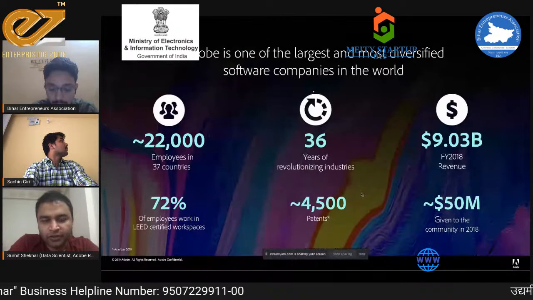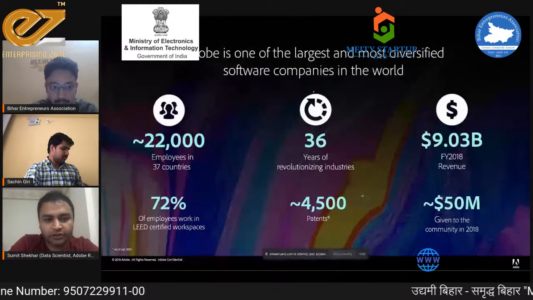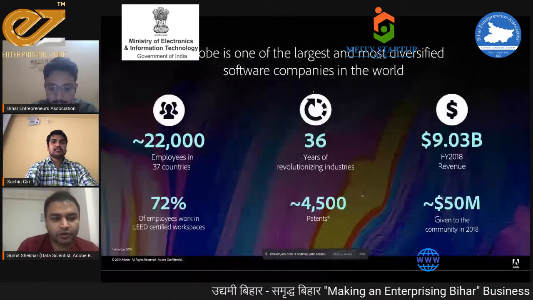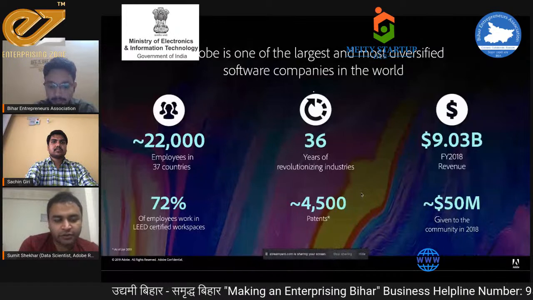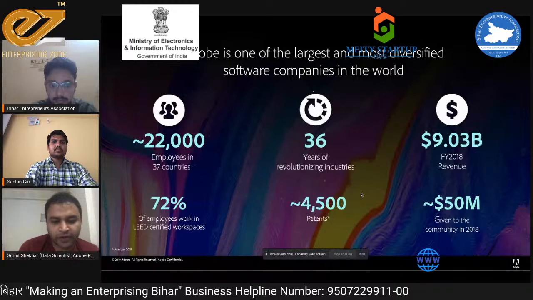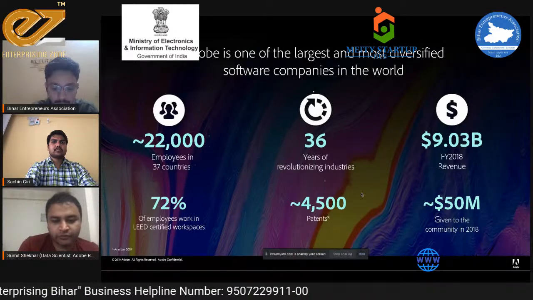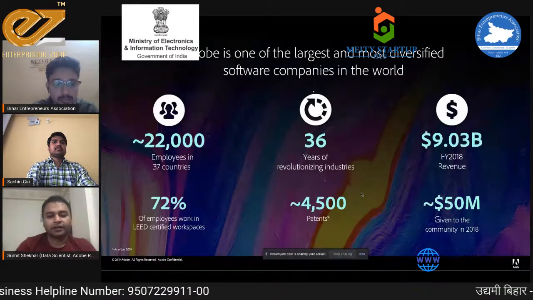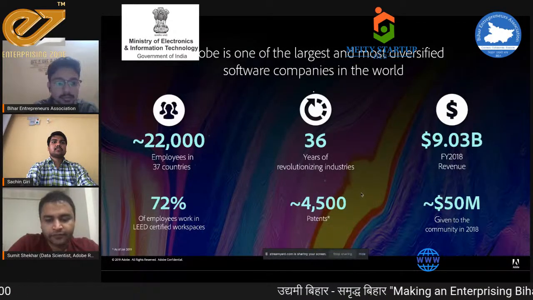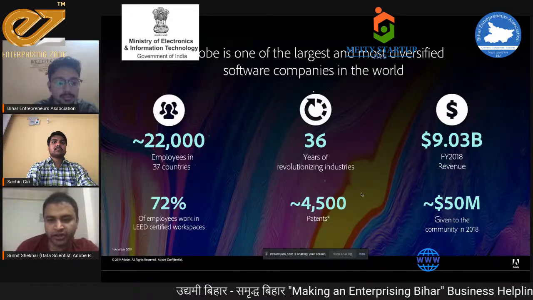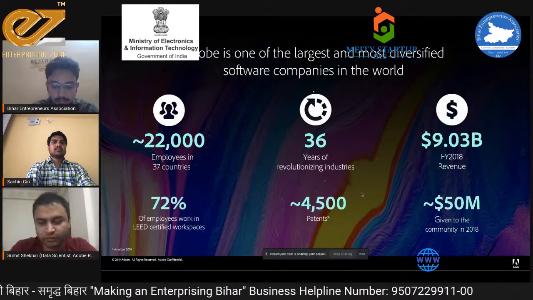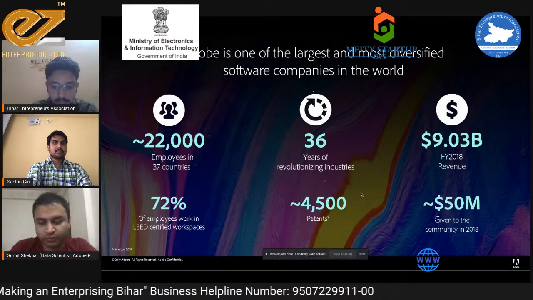Adobe is actually one of the largest software companies in the world, in around 37 countries, with around 22,000 employees, and it files lots of patents every year. About 4,500 patents have been filed by Adobe, and the revenue of Adobe in 2018 was around $9 billion. Now it has grown significantly more than that.